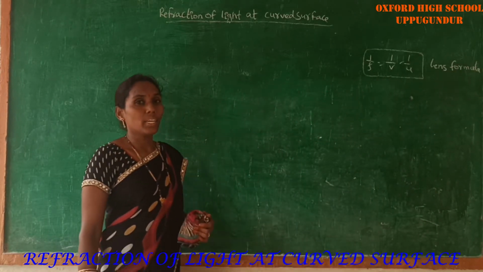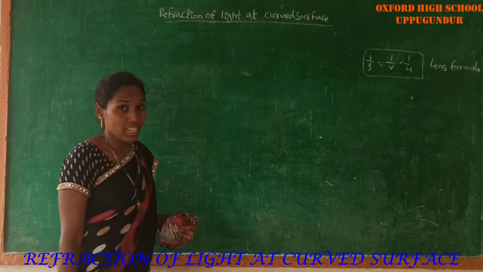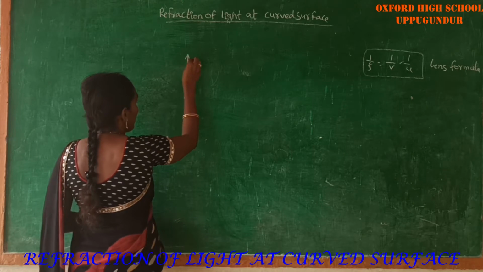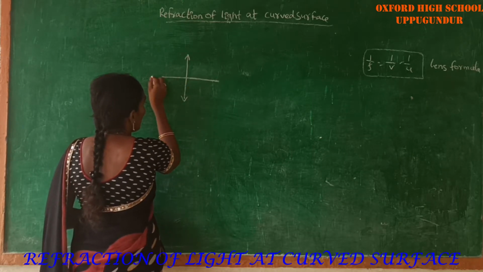We need a clear idea about ray diagrams. There are 6 ray diagrams for a convex lens and 2 ray diagrams for a concave lens.